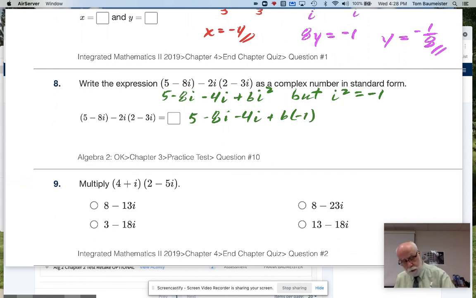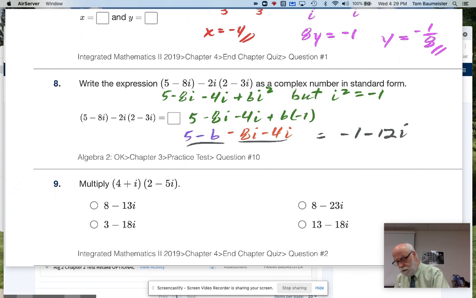Now I'm going to combine the real terms together, so I'll have 5 minus 6, and I'm going to keep minus 8i minus 4i and combine those. 5 minus 6 is negative 1, and negative 8i minus 4i is negative 12, so minus 12i. There's your answer on that one.